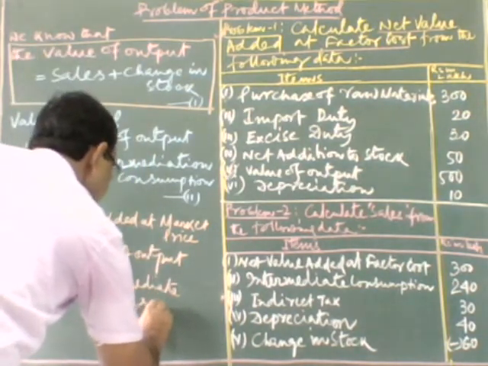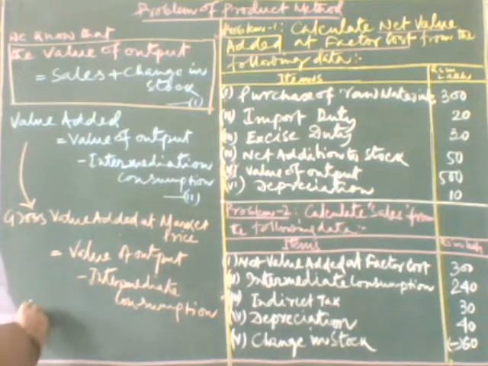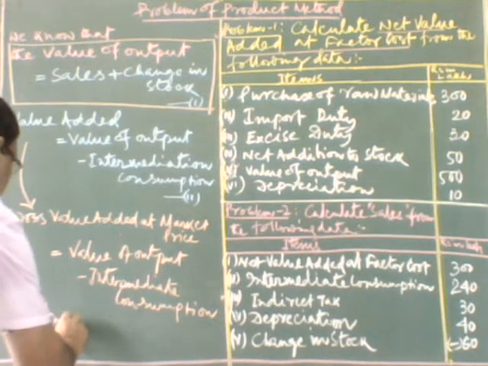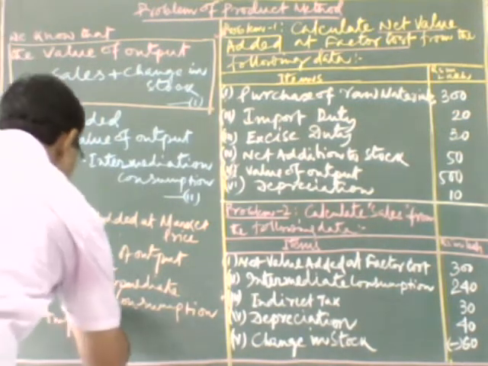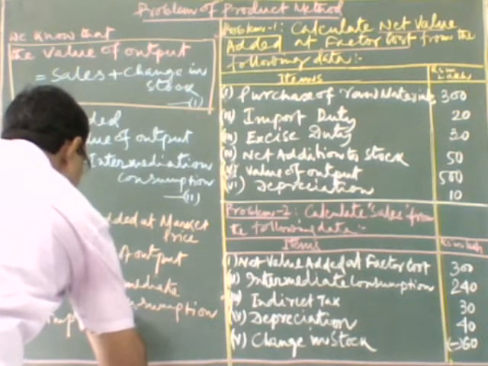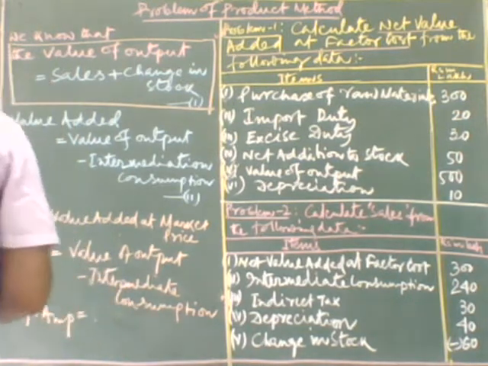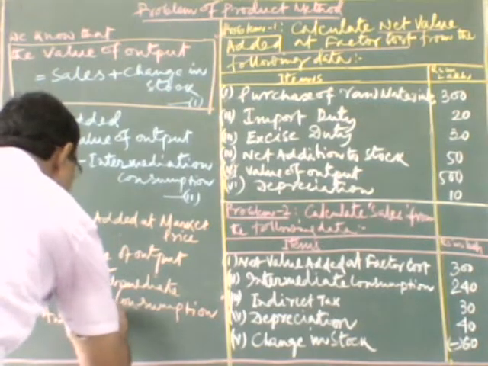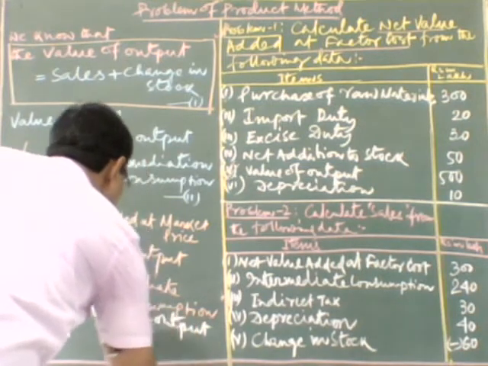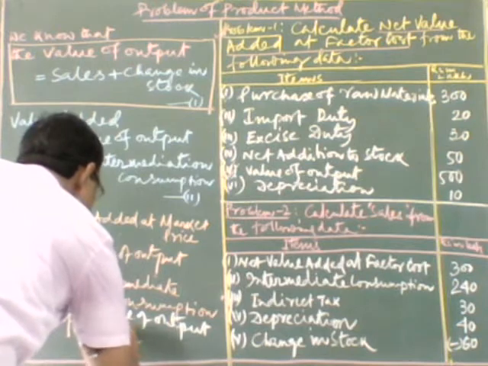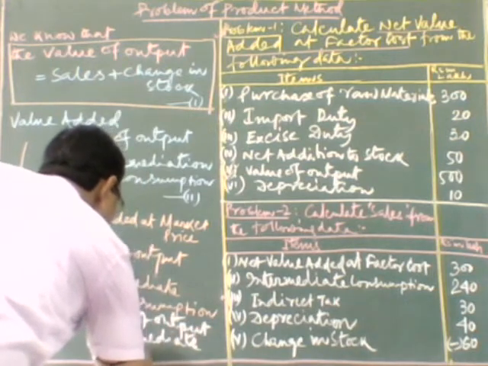Therefore, GVA at market price is equal to value of output minus intermediate consumption.